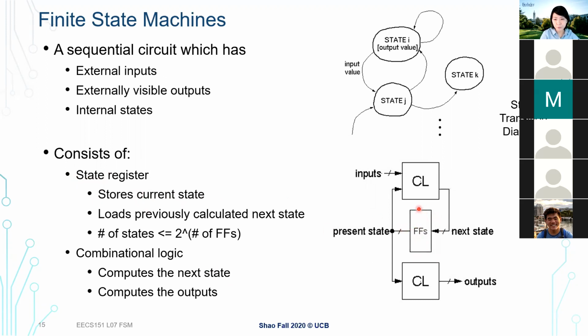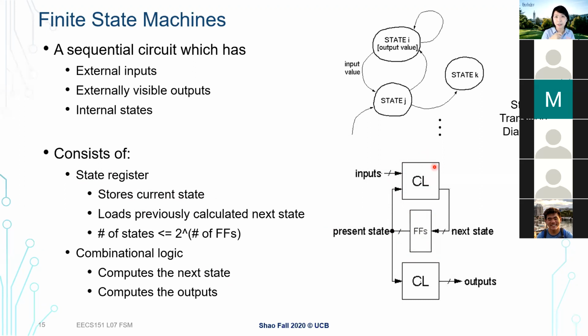Besides the flip-flop that we use to store the current states, there are typically two kinds of combinational logic used in our design. The first combinational logic, the one on the top, takes the input and also the present state, and goes through this combinational logic to decide what my next state should be.